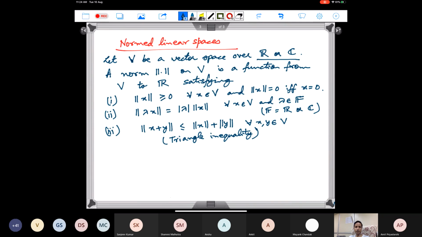So by a normed linear space, we mean a vector space over R or C together with a norm defined on it. V with norm is called a normed linear space. In short, we'll write NLS.